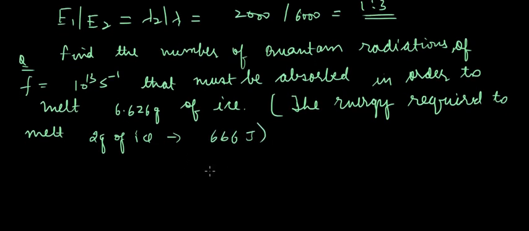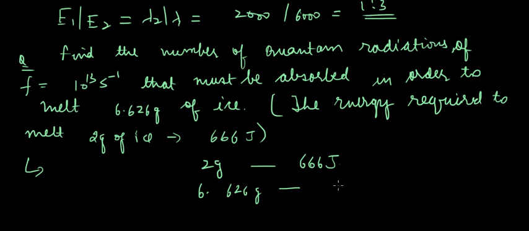First let's apply the unitary method: for 2 grams you require 666 joules of energy, and for melting 6.626 grams we would be requiring 6.626 multiplied by 666 divided by 2 joules.